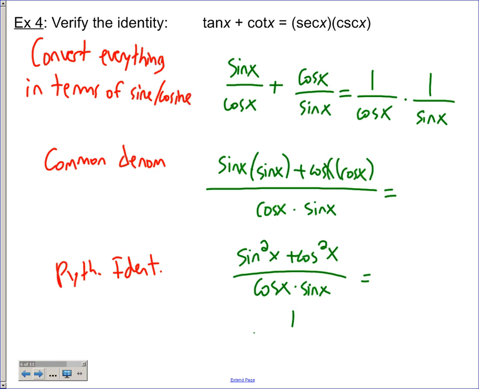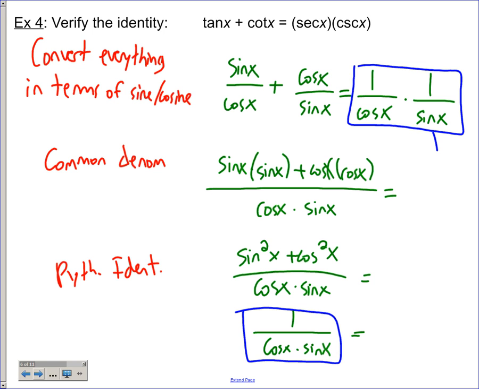Now we have 1 over cosine x times sine of x, which is equal to what we got to after step 1 on the right-hand side. Okay. So often when you have a bunch of different functions that you can't seem to find an identity to relate them, the best place to start is writing everything in terms of sine and cosine.